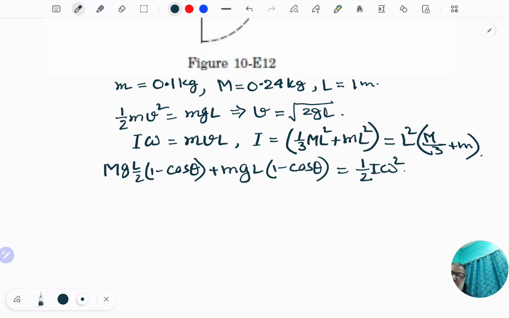Well, let me simplify this equation to find out this theta.